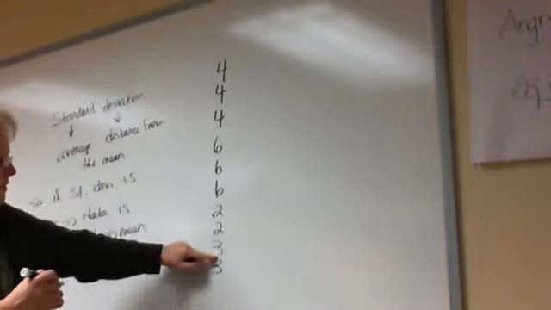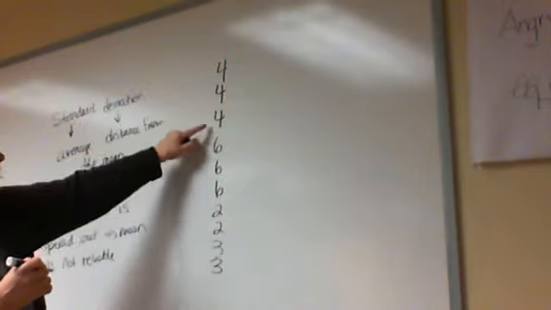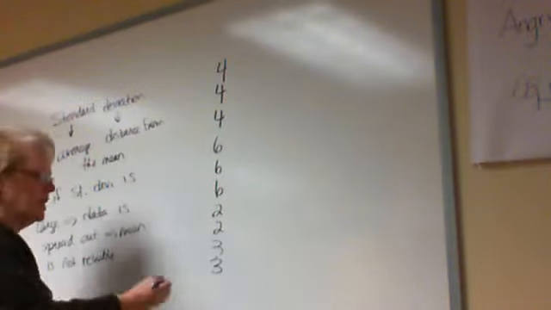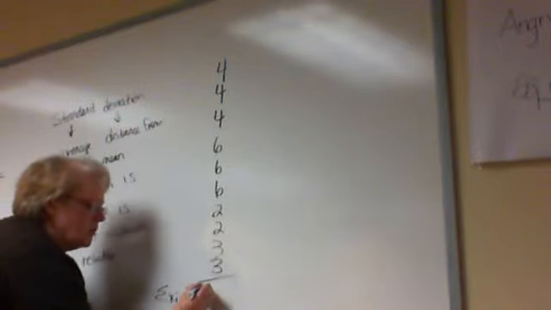How about that? What's that add up to? 40. Is that up to 40? 40. How many of them are there? 10. That makes it easy for me, right? Yep. So the sum of the xi's is 40, and we've got 10 observations.